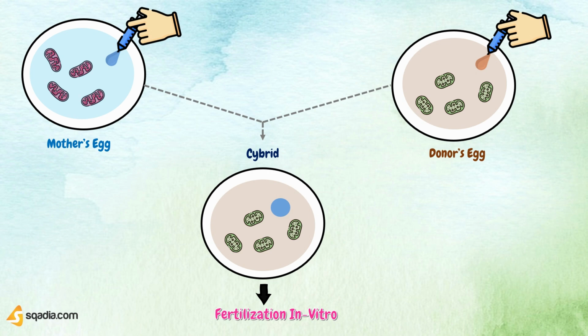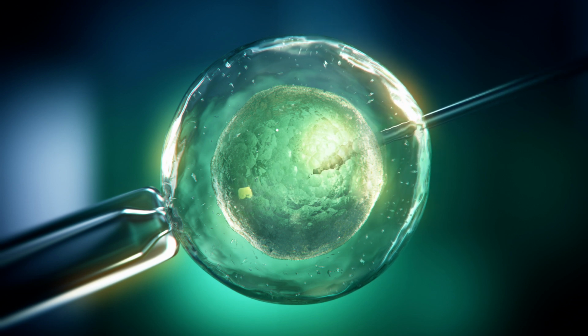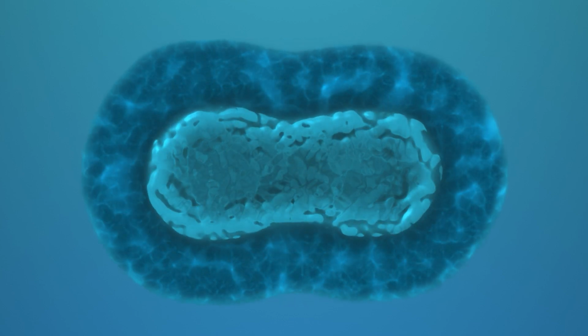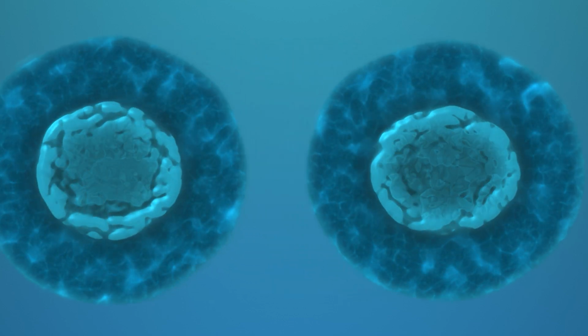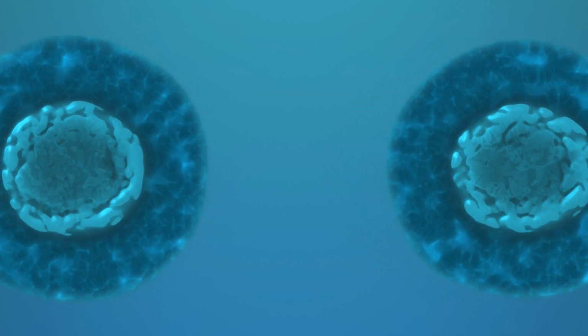In 2009, a team of researchers transferred the nuclei of rhesus monkey eggs into enucleated donor eggs and fertilized these manipulated eggs in vitro with rhesus monkey sperm. The zygotes were implanted into a surrogate mother's womb.